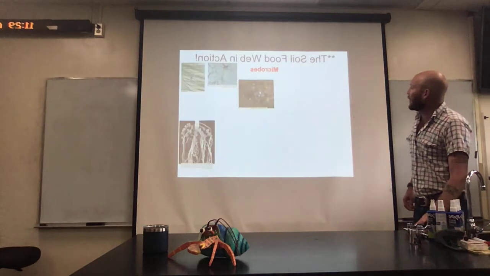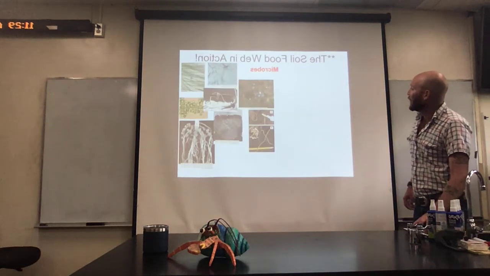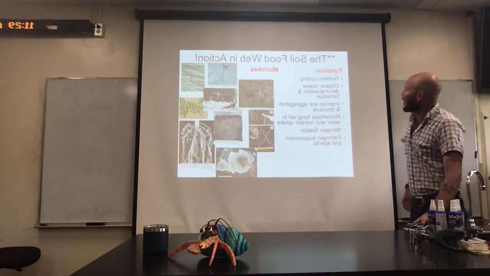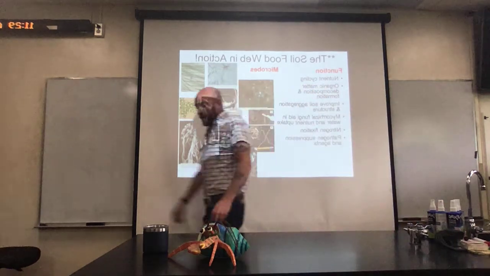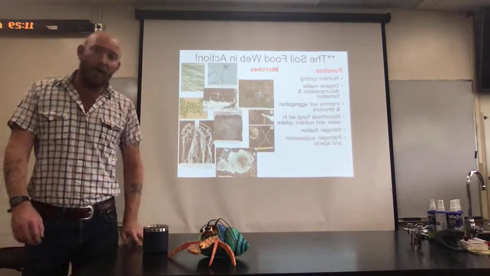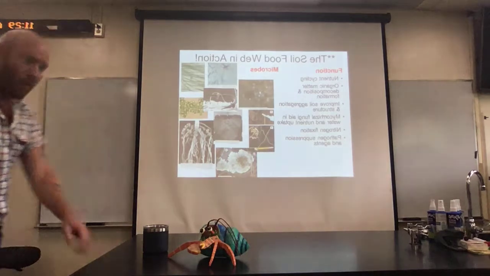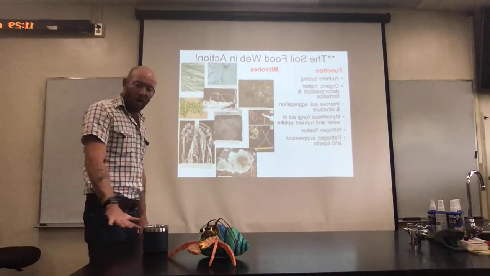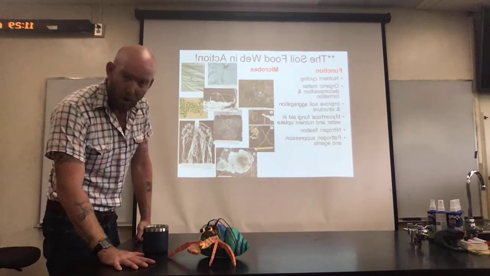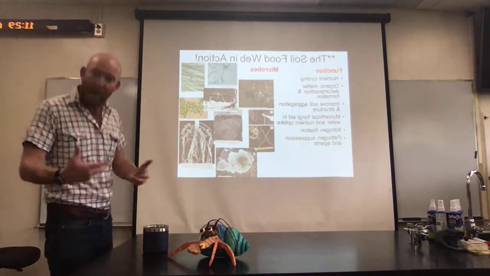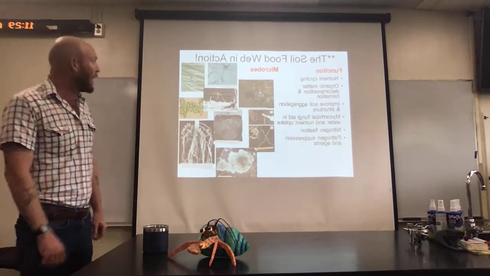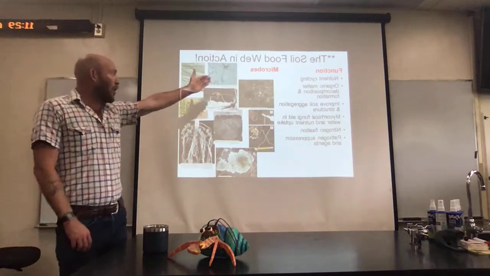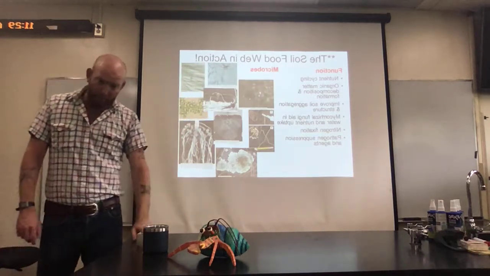And our microbes. Our lovely, lovely microbes, which are really the substrate of our soil food web, okay? They're really the base level where all of our other higher trophic levels are basing their nutriment from. So our microbes are super important in nutrient cycling.